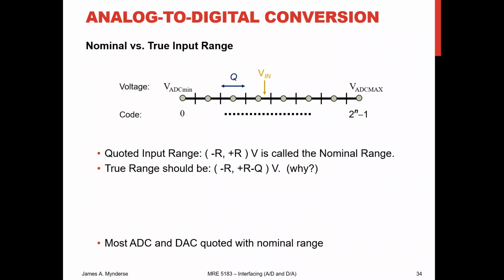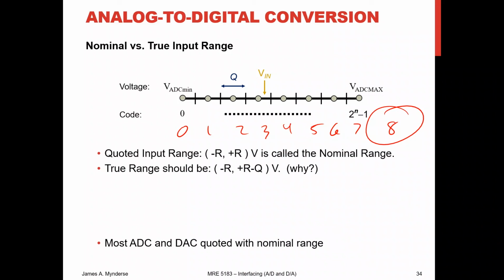So the true range is based on the fact that you only have up to 2 to the n minus 1 bins. So let's look at the Arduino and the unipolar case. So we go 0, 1, 2, 3, 4, 5, 6, 7. I know there's more than 7 numbers on the Arduino, but in this case, with this simple 3-bit example, we get all the way up here, and then we're missing number 8, of course, because we've only got 8 total, and so if we included number 8, that'd be 9, and that wouldn't fit within our 3 bits.